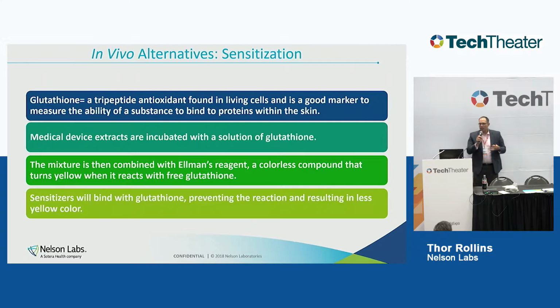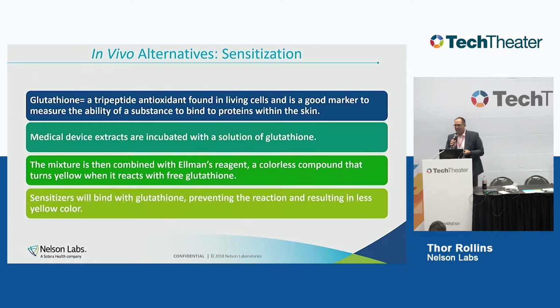Elements reagent will be colorless unless it's bound with glutathione, right? So hopefully you can stay with me. We put glutathione in, and if the glutathione contacts a sensitizer, it binds. And then it's no longer allowed to bind with anything else. But if there's no sensitizer present, then it's free, and we add this Elements reagent, and the Elements reagent can bind with glutathione.